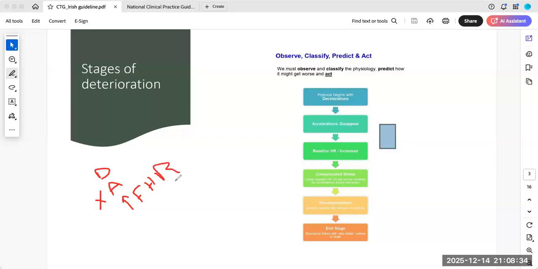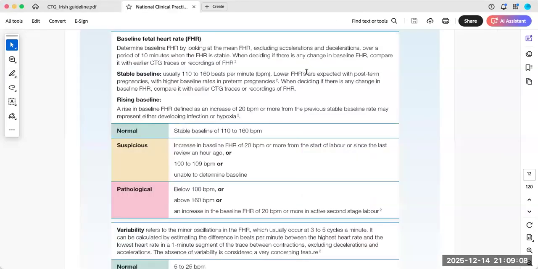Then there will be compensated stress, like a stable baseline fetal heart rate and normal variability, but with deeper and wider decelerations. Then after compensation, there will be decompensation. After the decompensation, the baby will unfortunately reach the end stage, which is myocardial failure with a step ladder pattern to death.